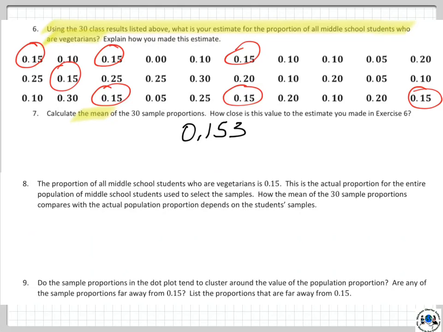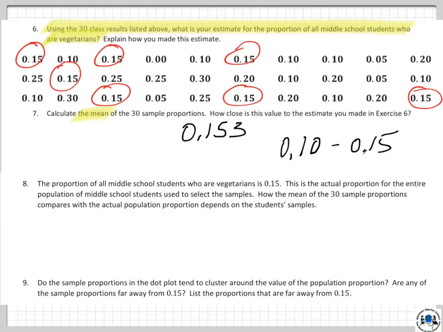You guys probably estimated anywhere between 0.10 to 0.15, or maybe you did a little bit above. I'm not sure, but anyway, you might have been close. Hopefully, you were within maybe 0.05 of either of those. So anyway, let's continue on here.